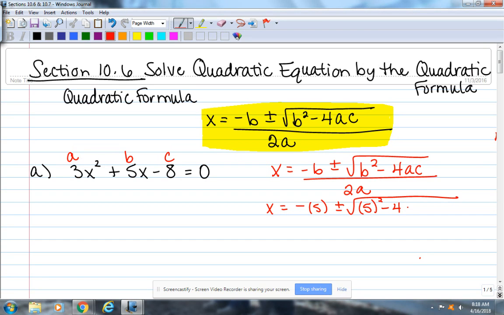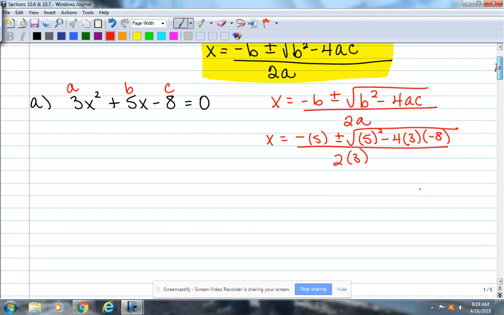Now, y'all, a minus 4 always, always, always goes there. Times, what is our A term? 3. Times, what's our C term? Negative 8. And all of that divided by 2 times what's A? 3. So that's how we plug in our A, our B, and our C.